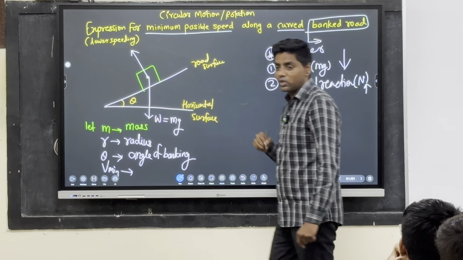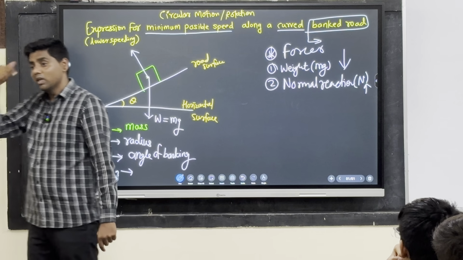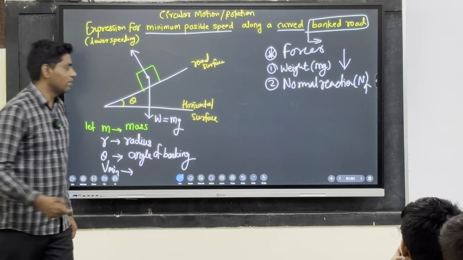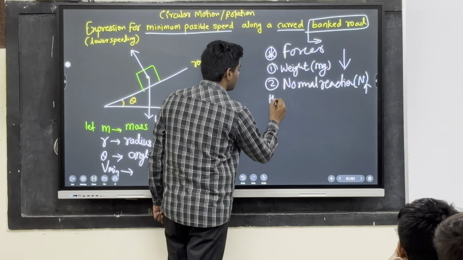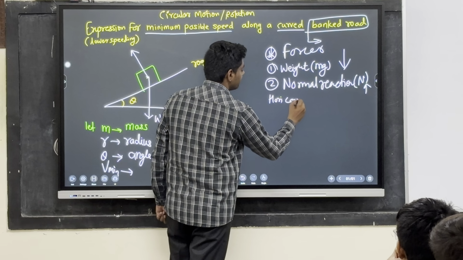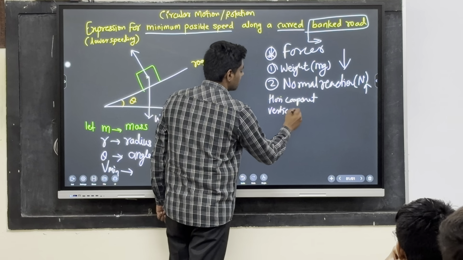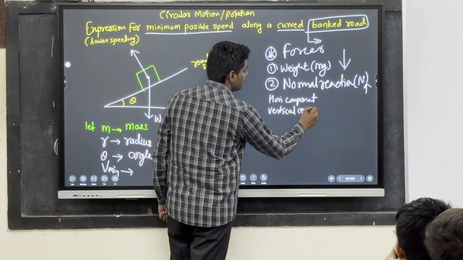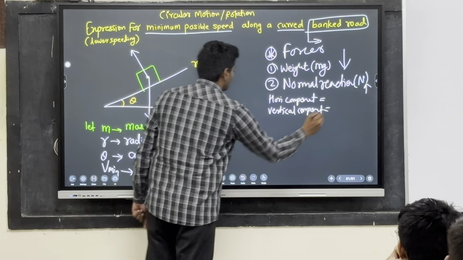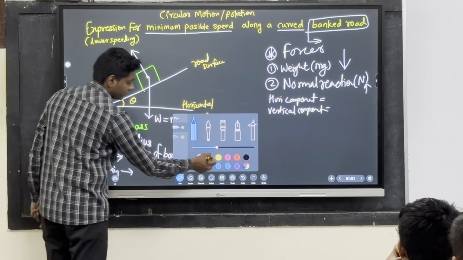It is resolved into two components. What are the two components? Horizontal component and vertical component. So that is horizontal component, and next one, vertical component. So what is the horizontal component?